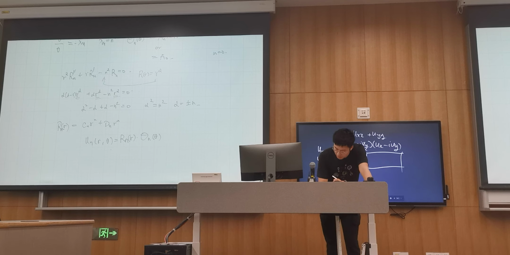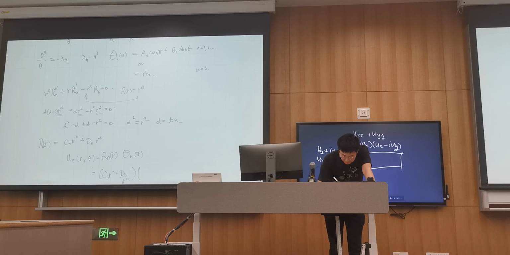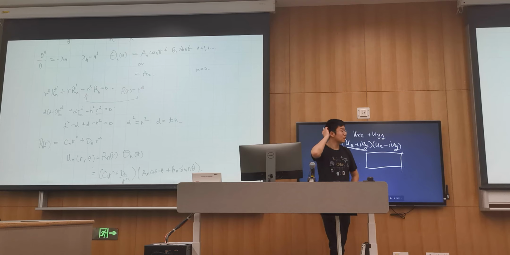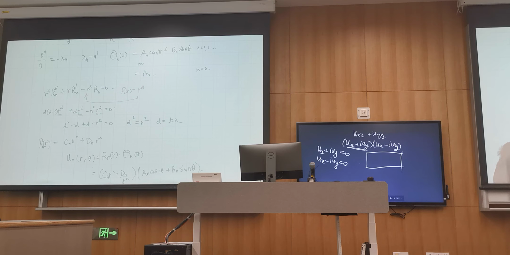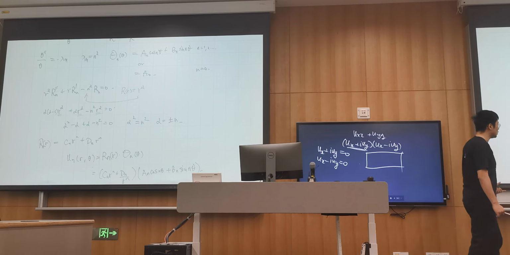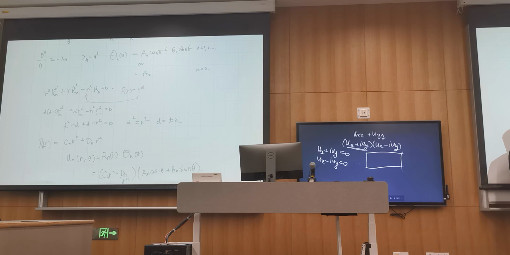So this is C n r to the n plus D n over r to the n, multiplied by A n cosine n theta plus B n sine n theta. This is my theta n theta, this is my R n r, and my u n, the nth term in the series.